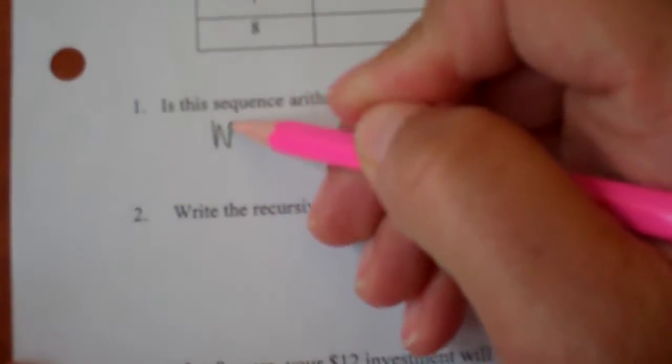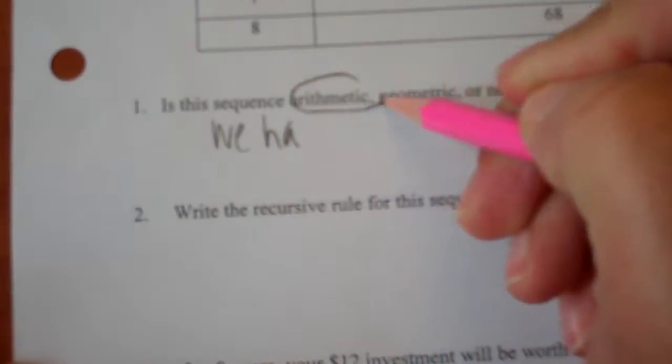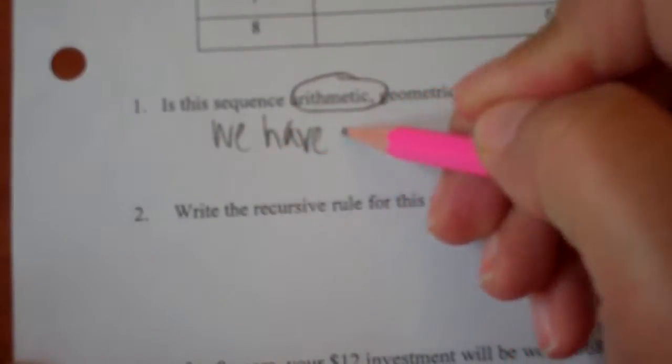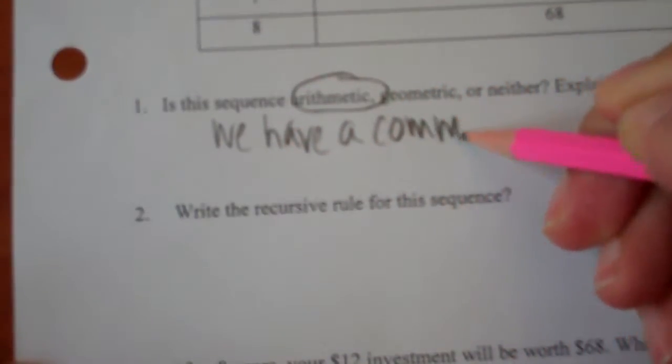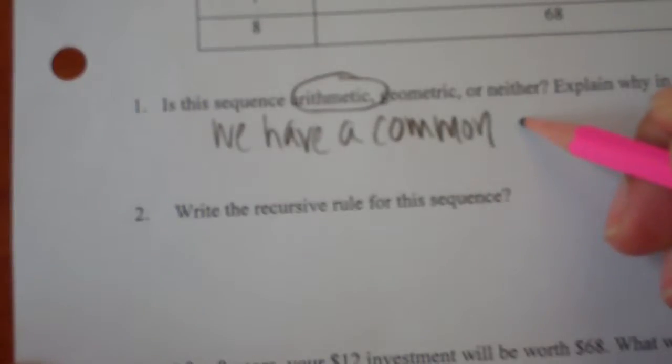So let's write that. We have arithmetic. Let's circle one. We have a common ratio. Oops, sorry, I was just doing geometric.